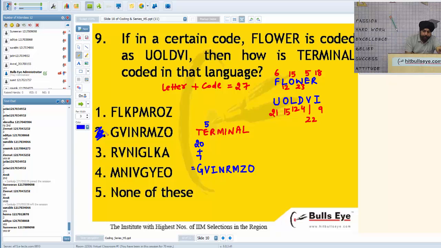Now students, let me add one thing here. What is actually being done is a concept which will help you in certain other questions. Students, if I just talk about, say, 5 people, A, B, C, D and E, their positions are 1, 2, 3, 4 and 5 from the left hand side, and their positions are 1, 2, 3, 4, 5 from the right hand side.